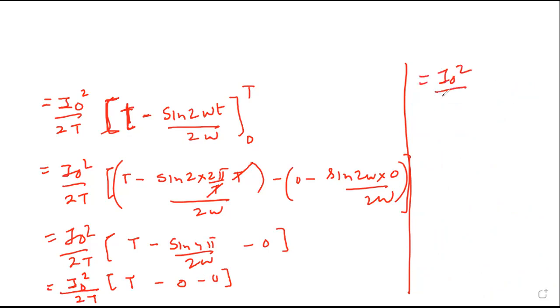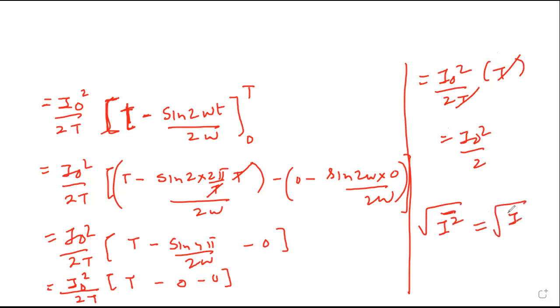I naught square upon 2t into t. That is I naught square upon 2. So square root of I square mean is equal to square root of I naught square upon 2.